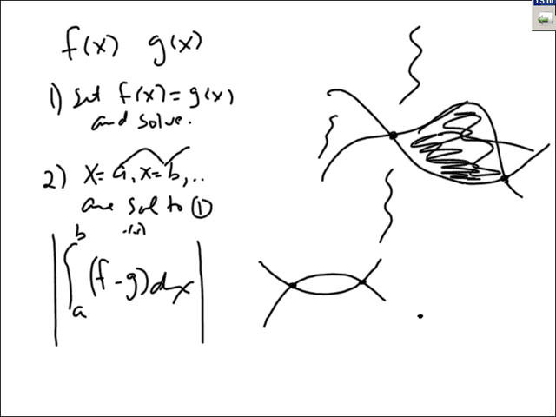It could be that you have this one curve and the other curve starts out here. To the left of this point, this graph is on top of this graph. But to the right, it's still the same. Doesn't matter. We want the area that's trapped.